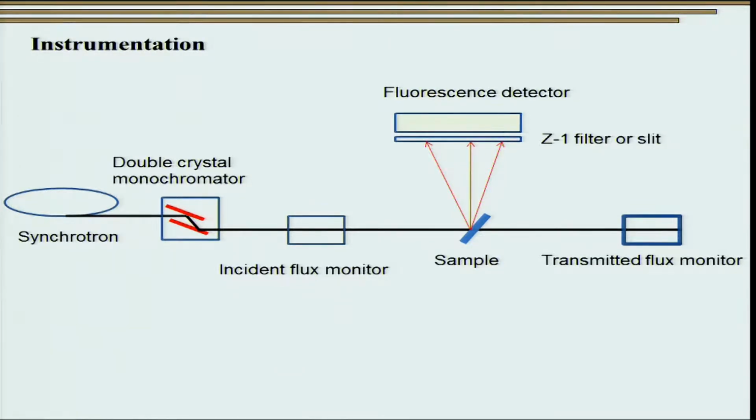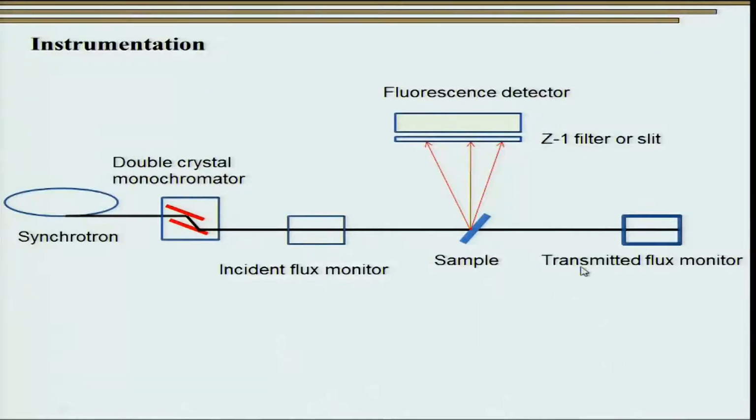At the same time, we also have a fluorescence detector to see what kind of fluorescent photons or fluorescent X-rays we are getting. So, having said that, I hope you appreciate that we can get information about the chemical environment in a particular material either using the fluorescence signal or the transmission signal.